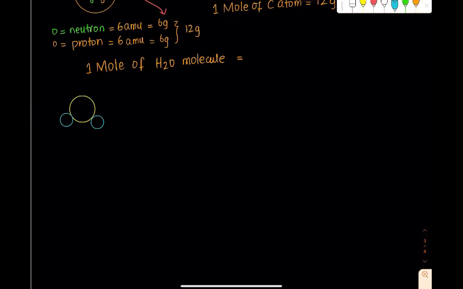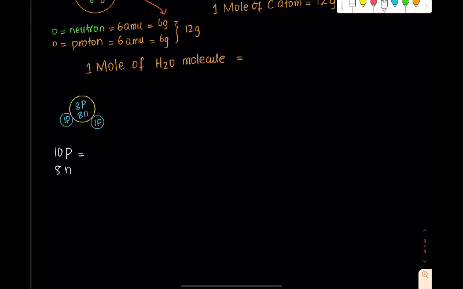So this is hydrogen. It contains only 1 proton. There is only 1 proton. And in oxygen, we have 8 protons and 8 neutrons, right? So if we add up the mass of these protons and neutrons, in total we have 10 protons and we have 8 neutrons.